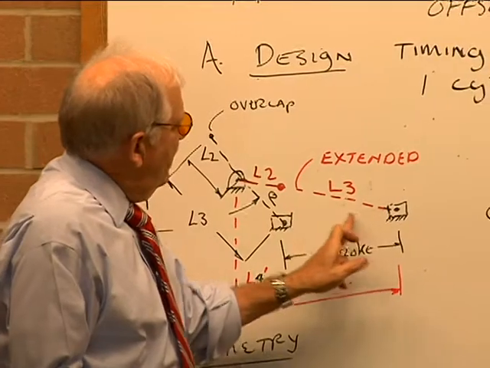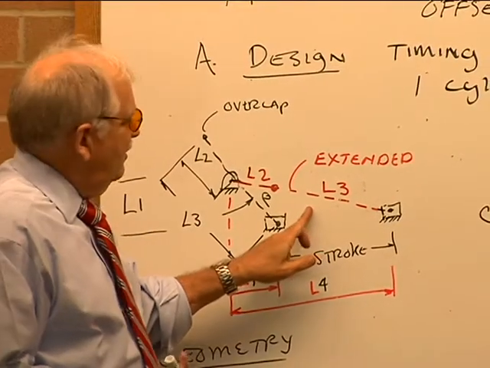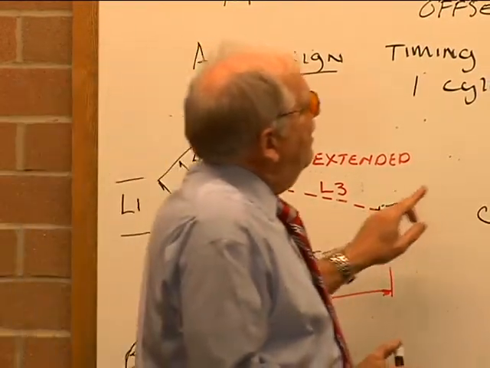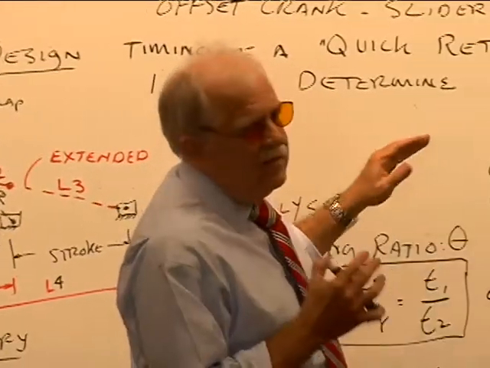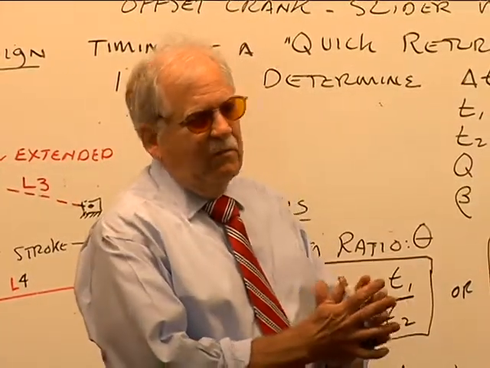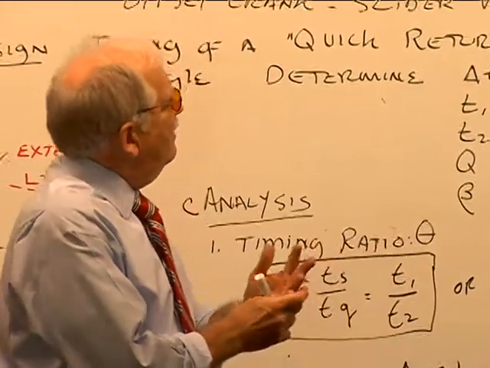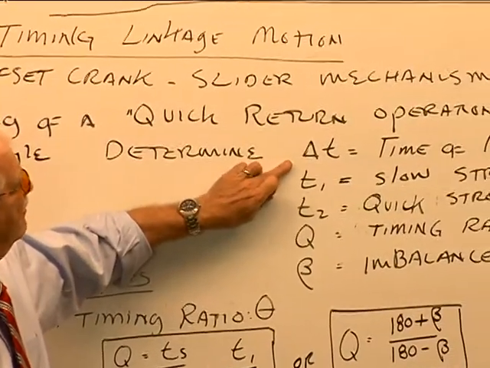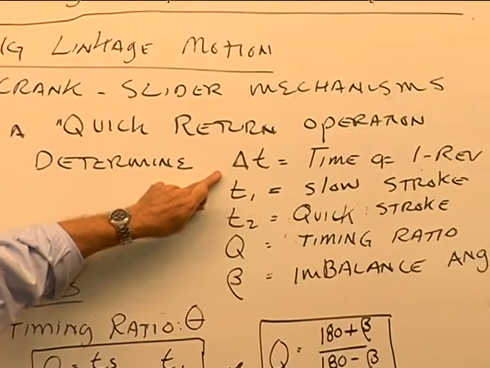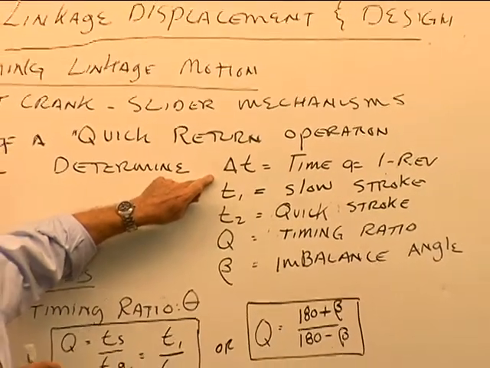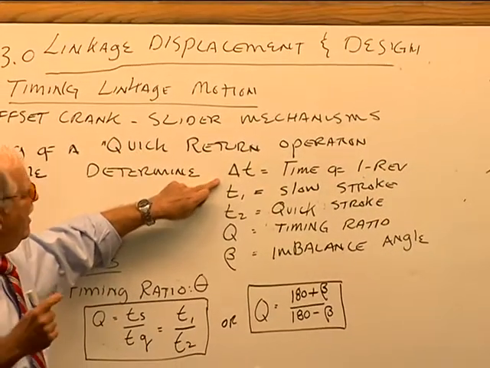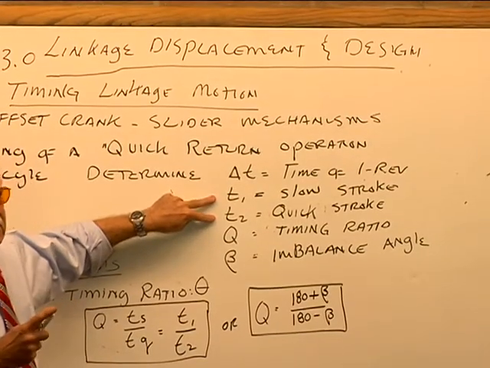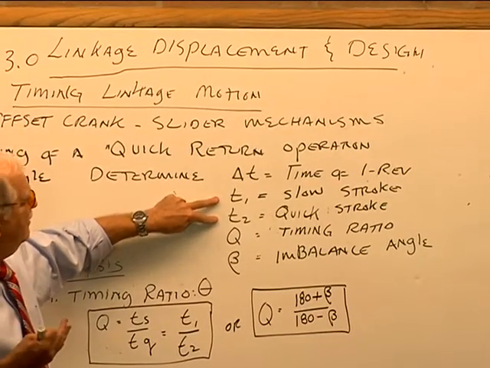This is called the imbalance angle and is represented by beta. Now, if you know that much, then you will be able to determine many of the requirements for the actual timing of this mechanism. So if we take a look at the timing pieces here, we first have delta t. Delta means change in, so it's the time of one complete revolution of the crank. The delta t is composed of two other pieces.